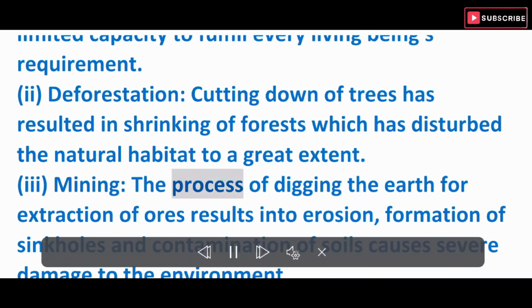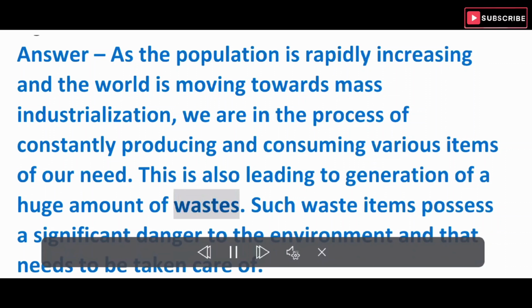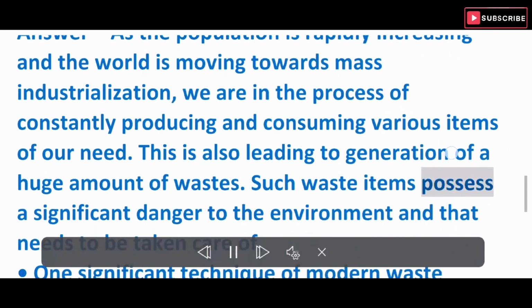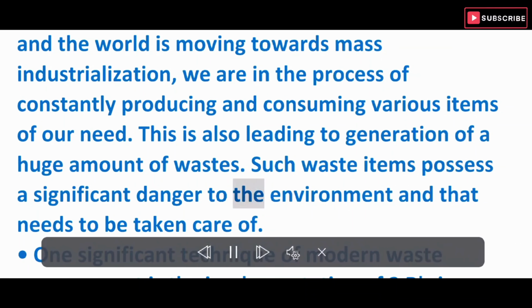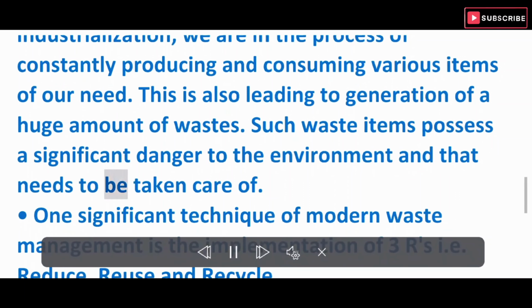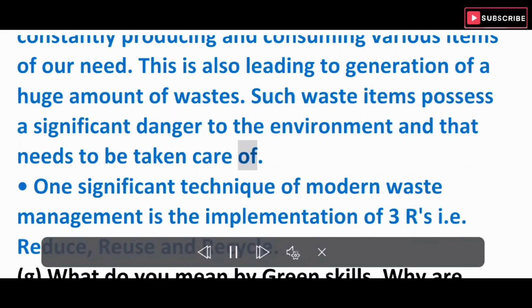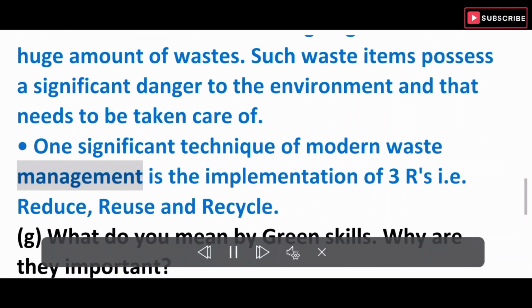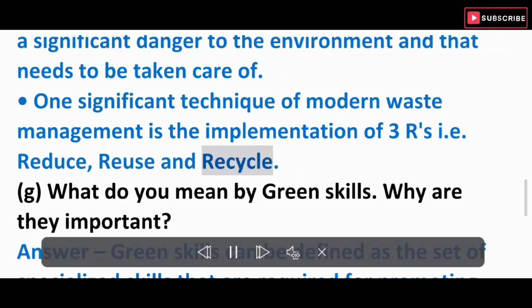This is also leading to generation of a huge amount of wastes. Such waste items possess a significant danger to the environment and that needs to be taken care of. One significant technique of modern waste management is the implementation of 3 Rs, i.e. reduce, reuse and recycle.